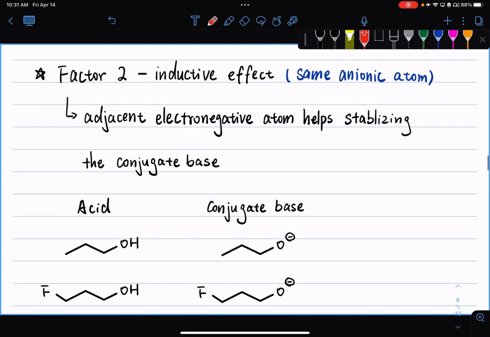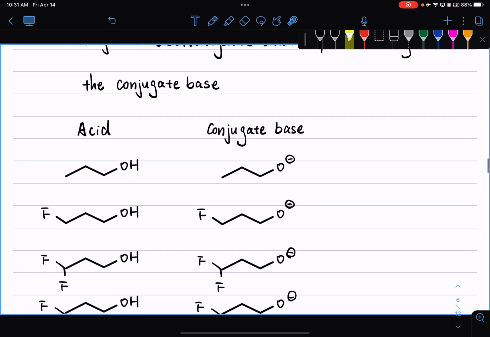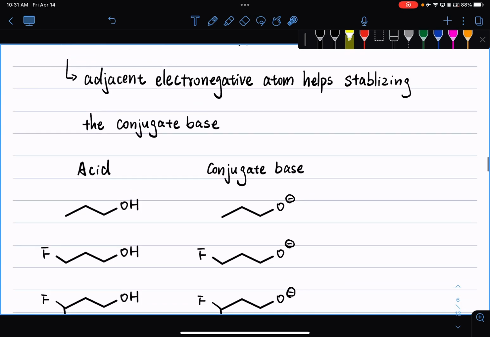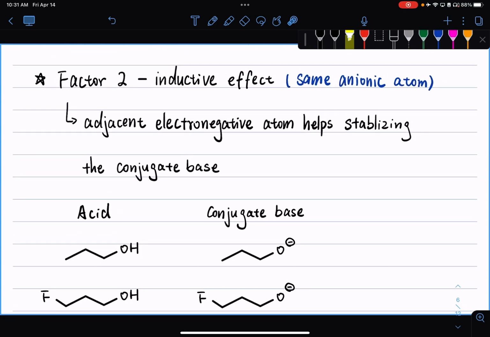Second factor, inductive effect. So now what we're talking about is imagining we have the anionic charge on the same atom. We're talking about all these OH groups. So all my acid is forming an oxygen-centered anion. And when we say inductive effect, what we're saying is instead of having an electronegative atom or electron-withdrawing group like fluorine directly bound to the site that's being deprotonated, now you have fluorine atoms that are a little bit distant away.